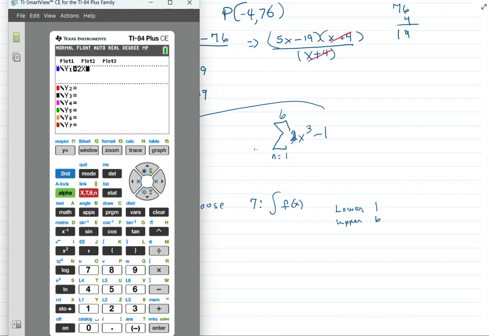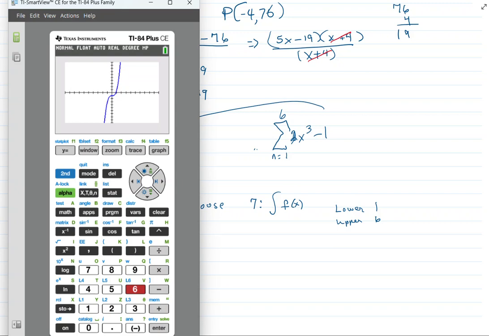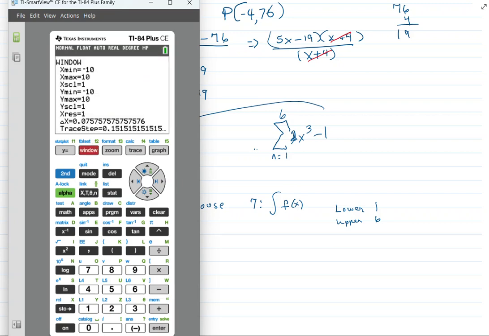Make sure you put the down arrow so that it looks like your argument. We're going to do zoom 6 for starters. And we want it from 1 to 6. So we want to change our window to -3, any small number. And we want 7 because we want 6 to be our stopping point. Does everybody understand that? Mm-hmm.